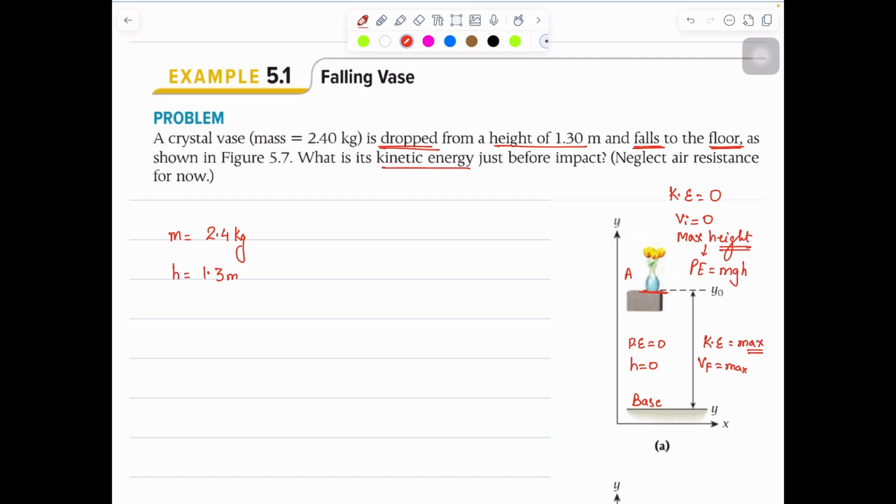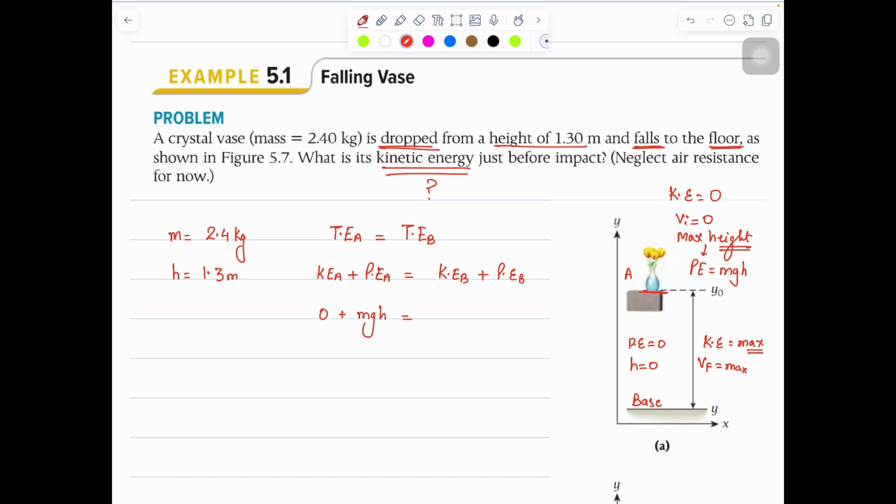What is the kinetic energy? We need to find out the kinetic energy. The basic thing we need to understand is that total energy always remains the same. Total energy at A is equal to total energy at B. Simple equation: kinetic energy at A plus potential energy at A equals kinetic energy at B plus potential energy at B. At point A, 0 plus the potential energy mgh.